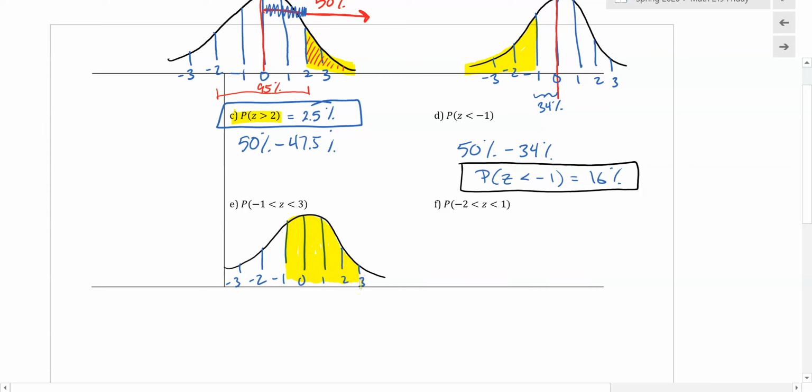And the last one, I want the probability of getting a z-score between -2 and 1. So again, there's my mean, a standard deviation left, another left, and another left, a standard deviation right, another right, and another standard deviation to the right. I'm trying to get a z-score between -2 and 1.